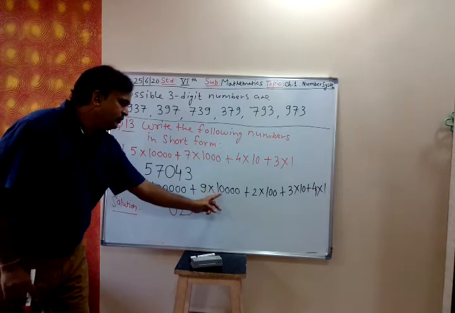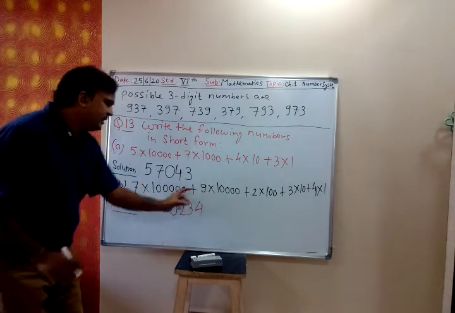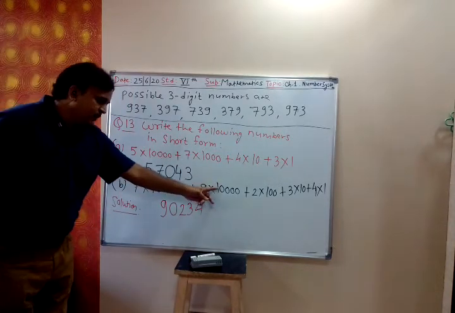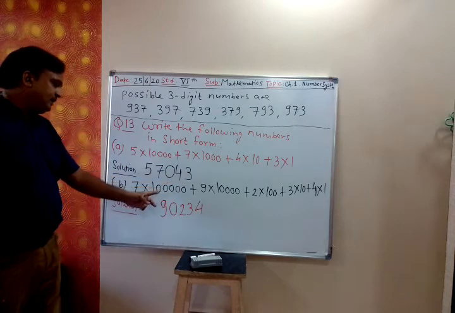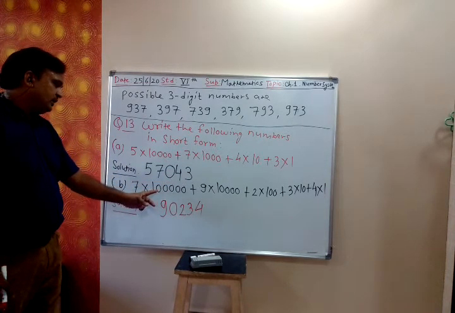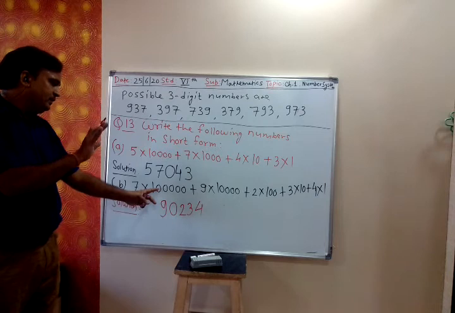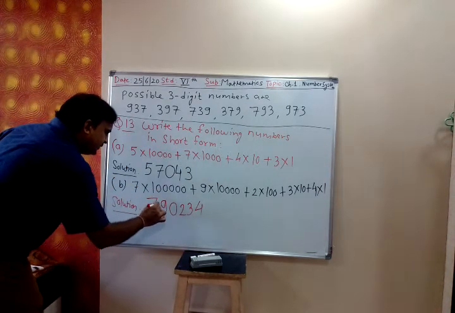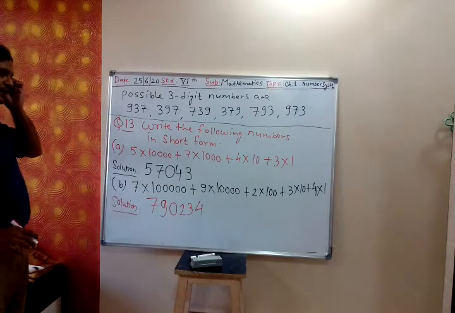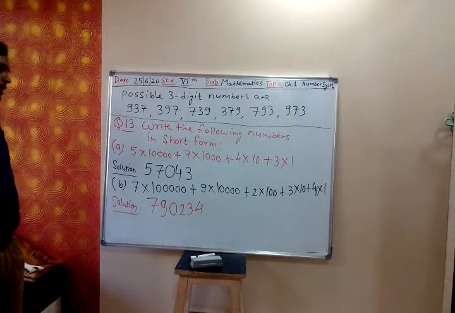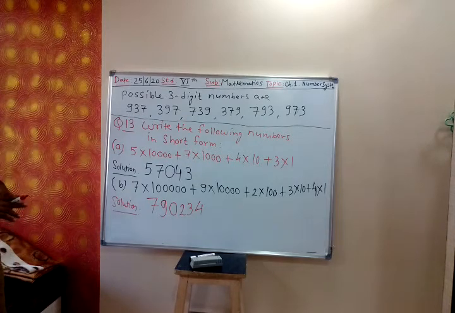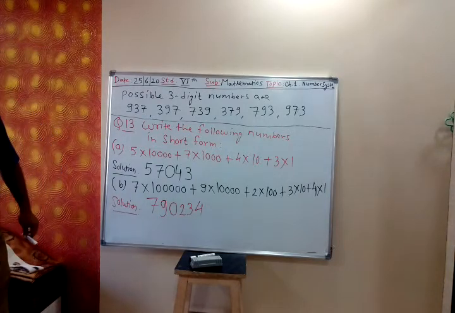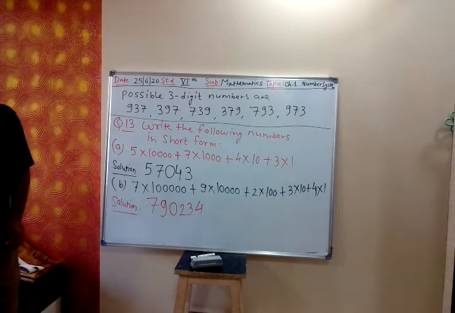So 9 into 10,000 means at 10,000 place there is 9. Then after 10,000 it is lakh. So in place of 1 lakh it is 7. So 7 lakh 90,234. Is it clear?